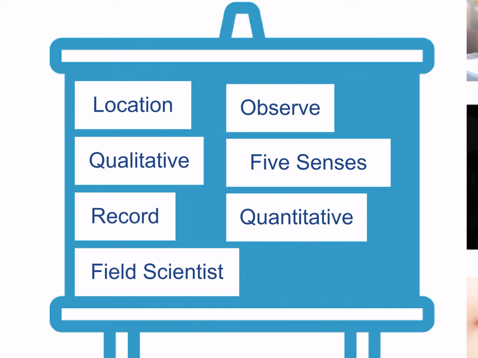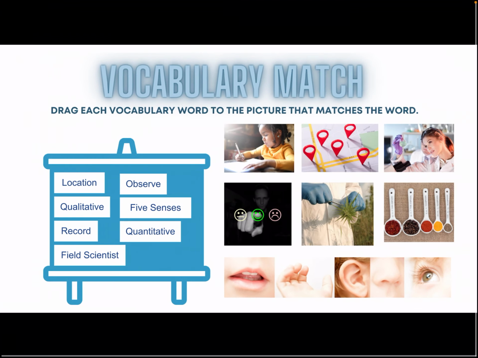Okay, now that you have had some time to read those words, please pause the video. Take a moment to get your vocabulary match done. Please make sure that you take a screenshot of it once it's finished and turn it into your teacher.